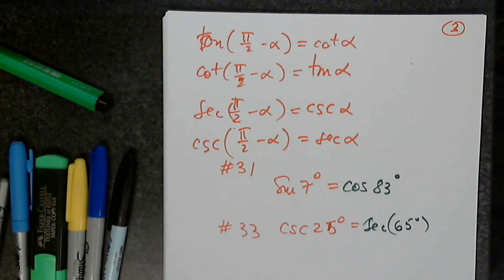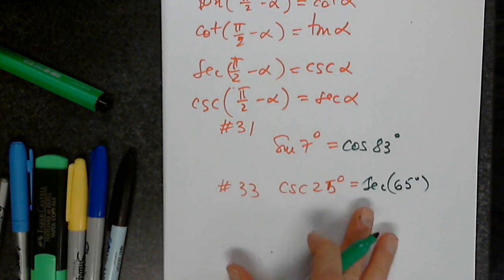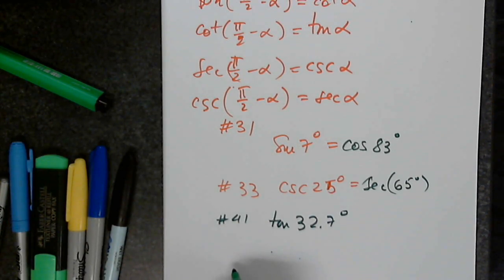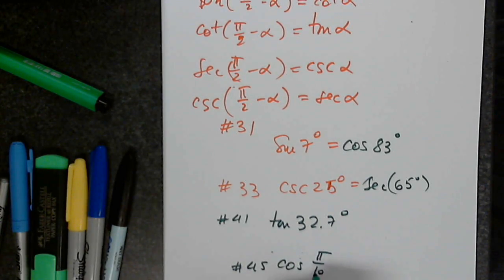Okay, use a calculator to find the value of a trig function. I don't find that useful at all, because you just plug it in, but let's do it because I want you to see it. Tangent 32.7 and also, let's say 45, cosine pi over 10. You have to be very careful how you put it in.